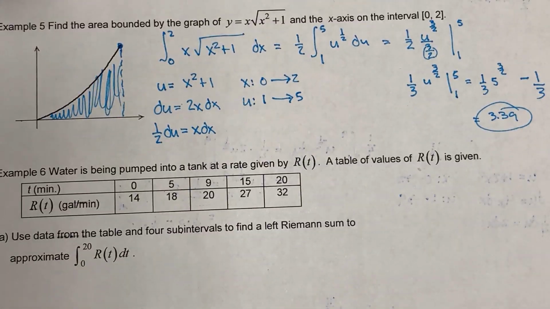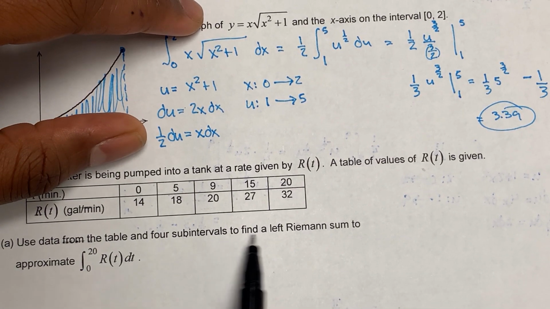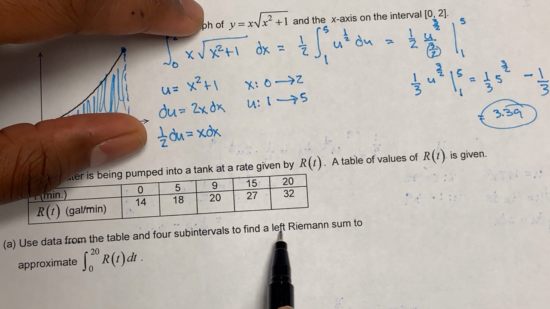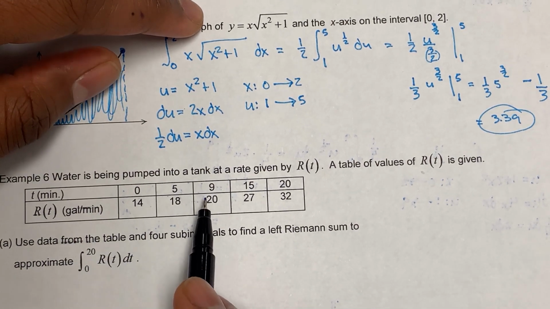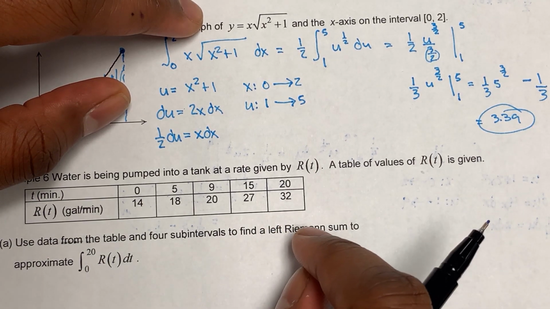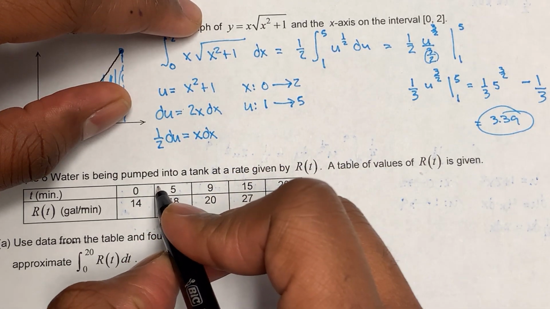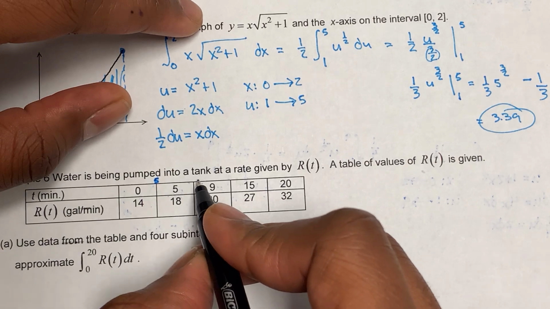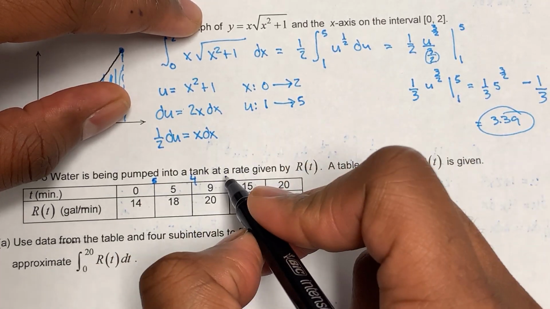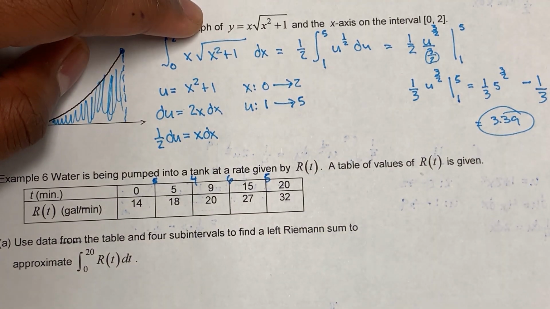All right, so for the last example, we're going back to Riemann sums for a moment, just as a quick review. It wants us to use 4 subintervals to find a left Riemann sum to approximate this. So remember, since we have 4 subintervals, we have one subinterval that has a width of 5, another one that has a width of 4, another one that has a width of 6, another one that has a width of 5.